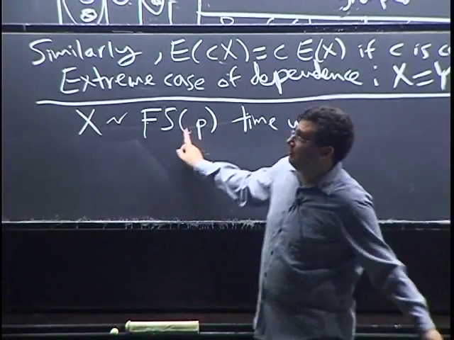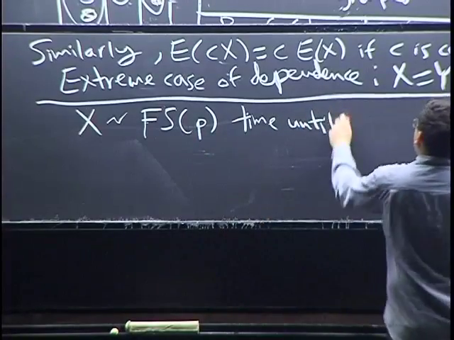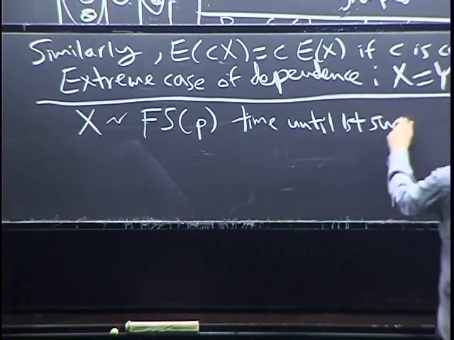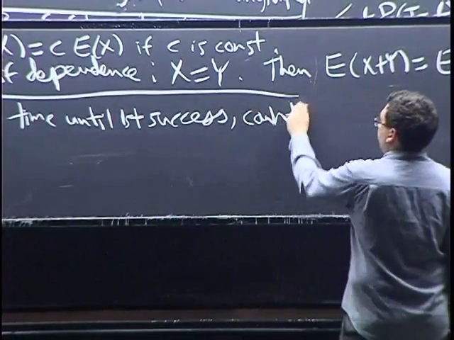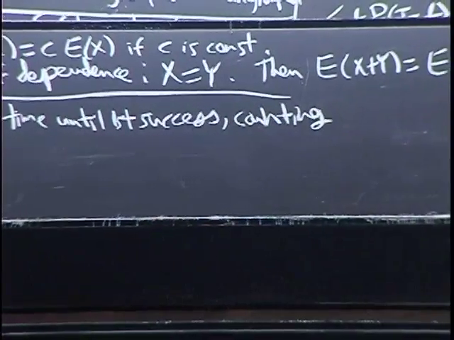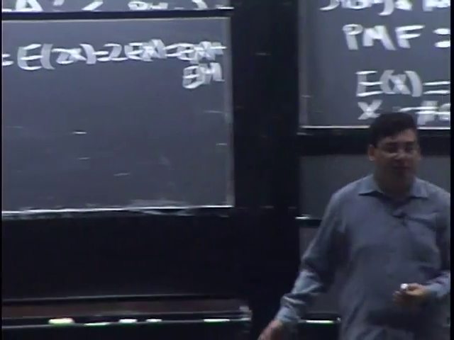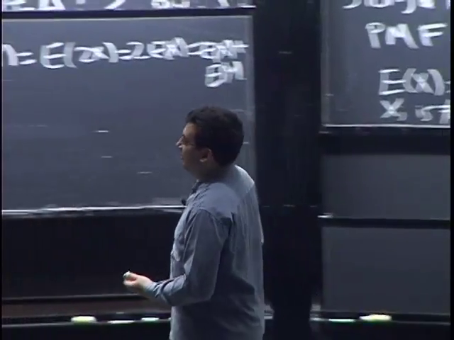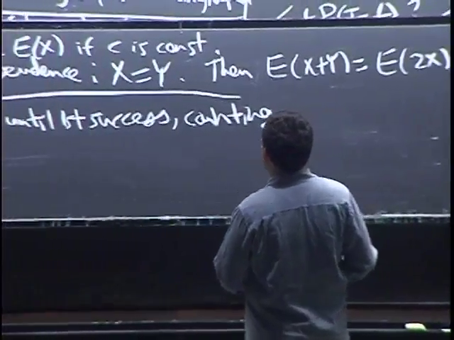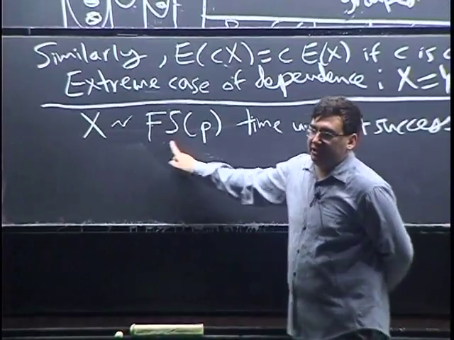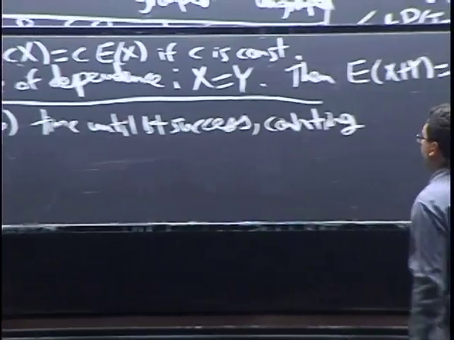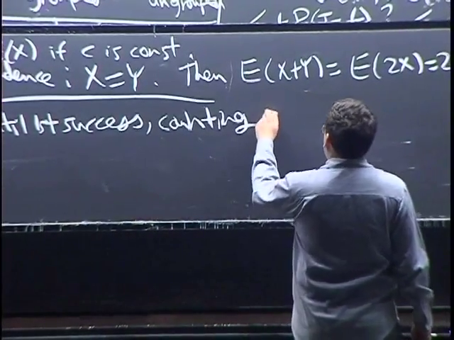Again, we have these Bernoulli trials, and this one is counting the success. I've noticed that sometimes students get confused about how to convert back and forth, and it should be very easy. So if we just write geometric, we're not counting the success. If we write FS of p, then we're counting the success.